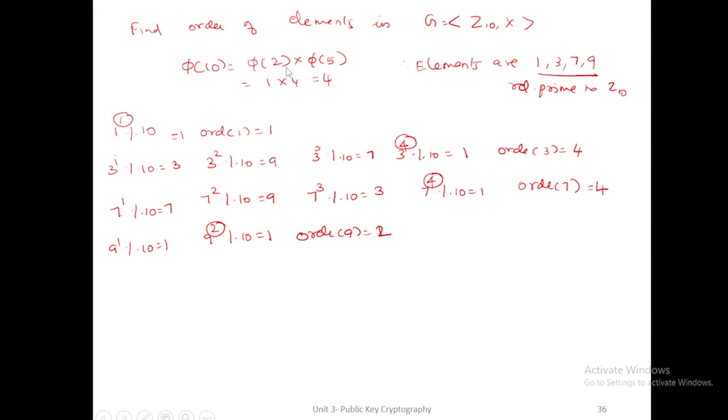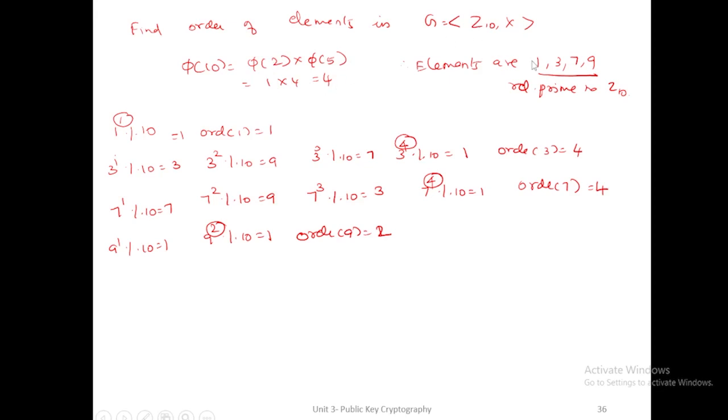We are able to write it as phi of 2 into phi of 5, where 2 and 5 are prime numbers. So by applying Euler's totient function rule, the value of phi of 2 is 1, and the value of phi of 5 is 4. So 1 into 4, 4. So totally 4 elements are possible in Z10.